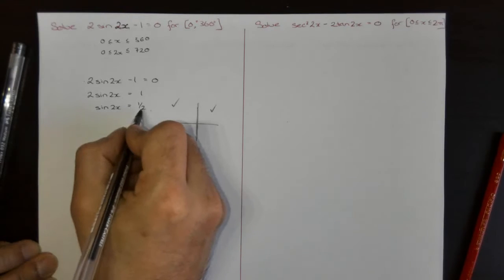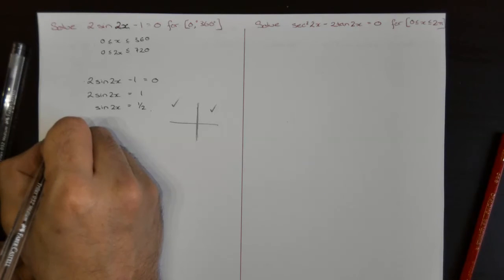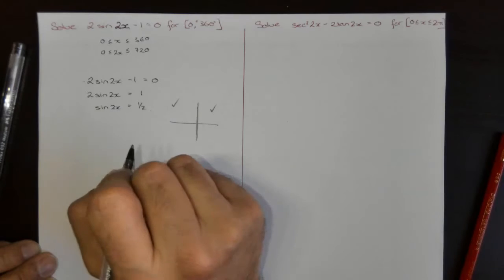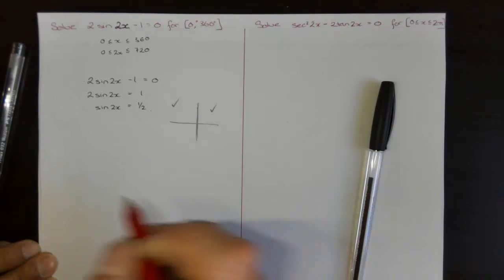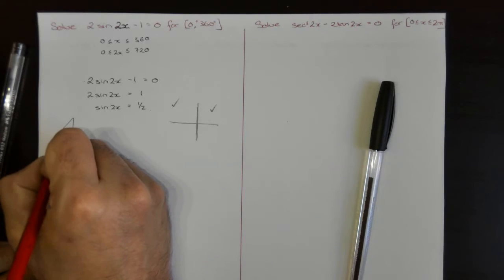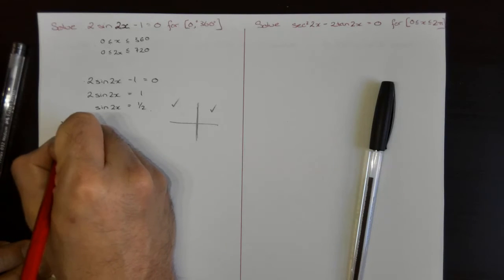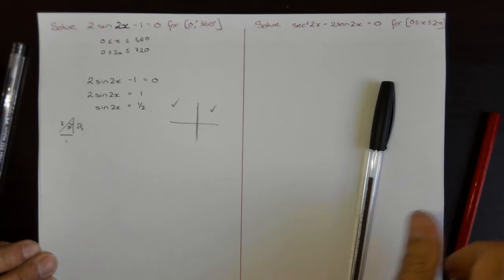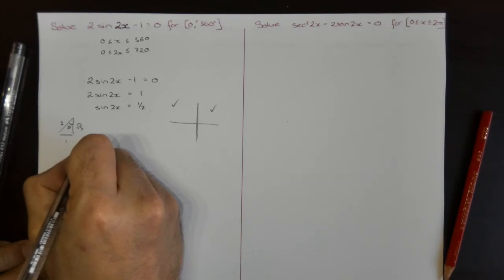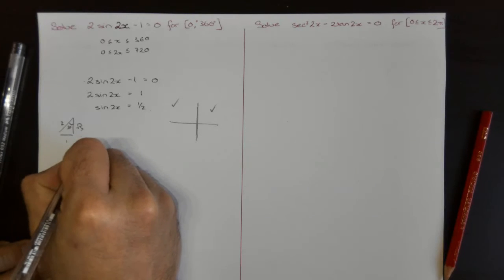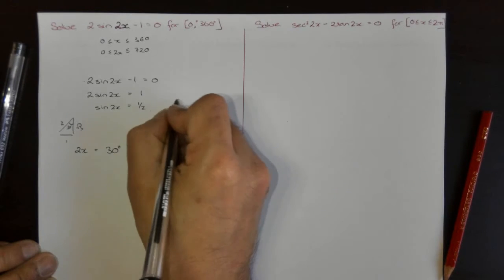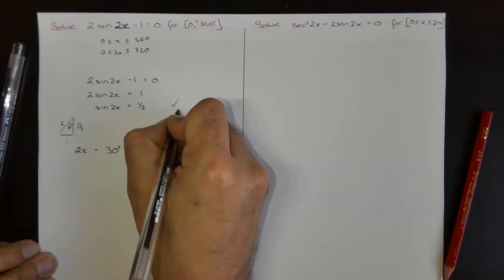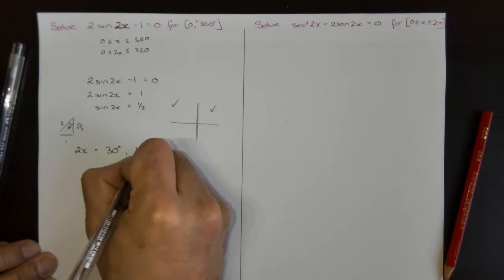So when sine is a half, opposite over hypotenuse, using our triangles again, we want this, so that's 30 degrees. So we get 2x equals 30 degrees. And it also equals 180 minus 30, so that's 150.